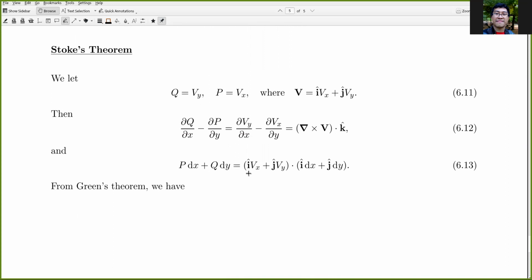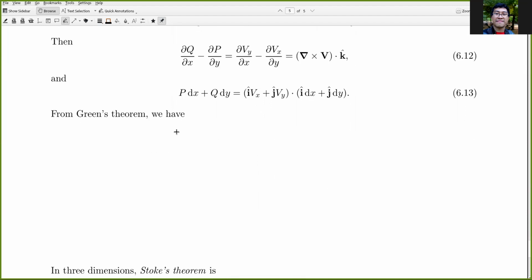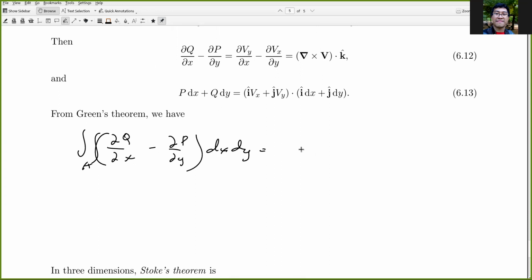P dx plus Q dy is i Vx plus j Vy dot i dx plus j dy. So from Green's theorem, you have the double integral of partial Q with respect to x minus partial P with respect to y, dx dy, equals the closed integral of P dx plus Q dy.